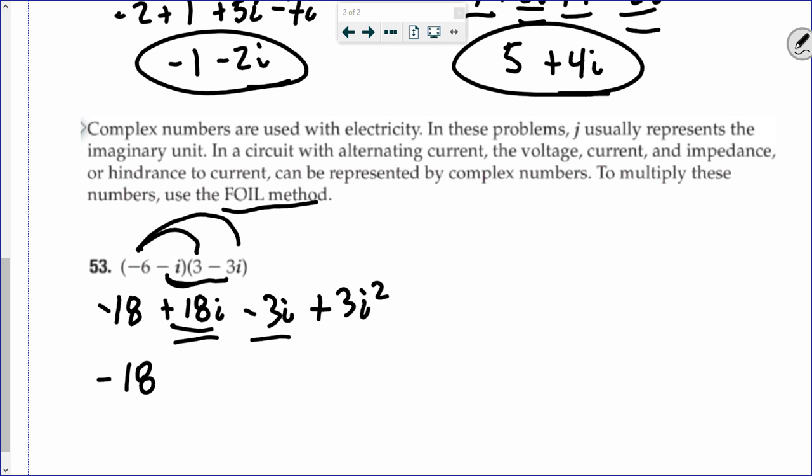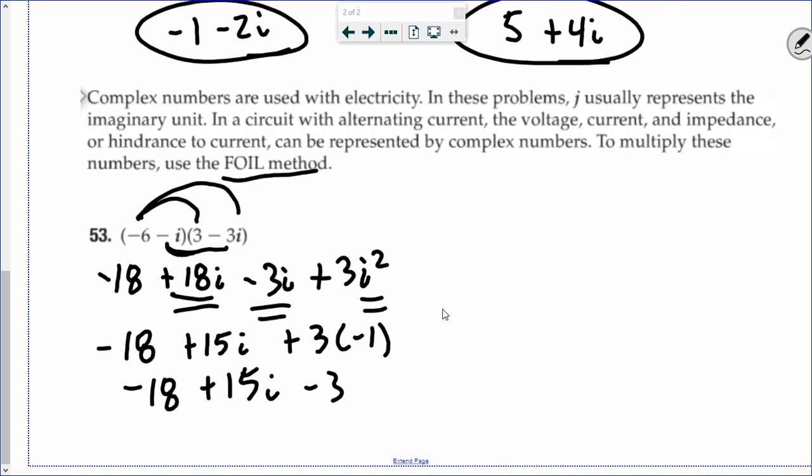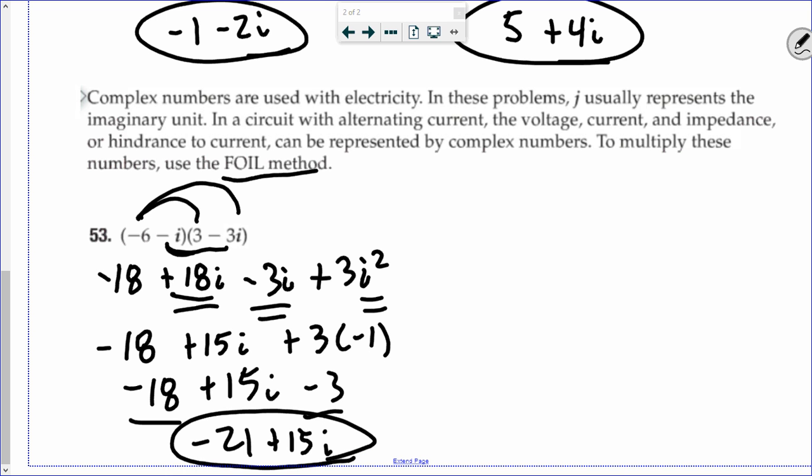Combine the imaginary parts, the like terms, if you will. 18 minus 3 would be positive 15i. And if we recall from yesterday, i squared is really negative 1, so this is plus 3 times negative 1. So this is negative 18, continue simplifying, plus 15i minus 3. Oh, hey, look, we've got real parts that can combine. So those combine to negative 21 plus 15i. Okay.